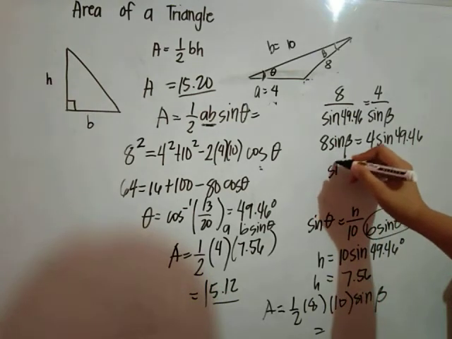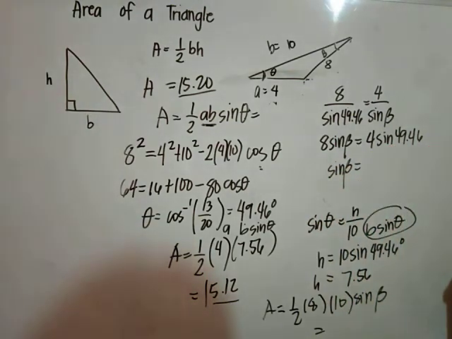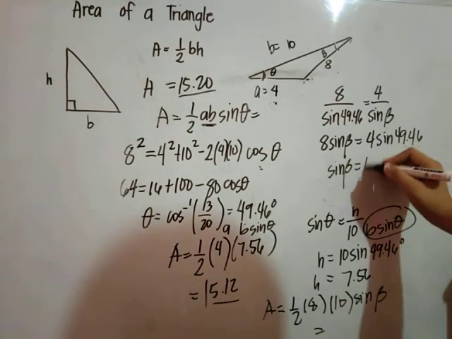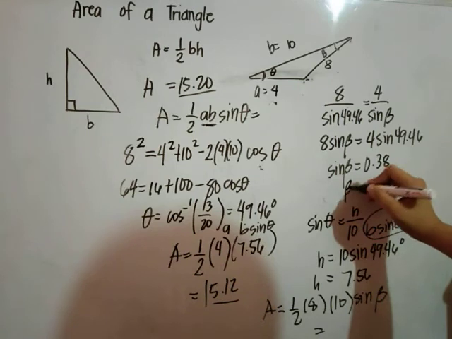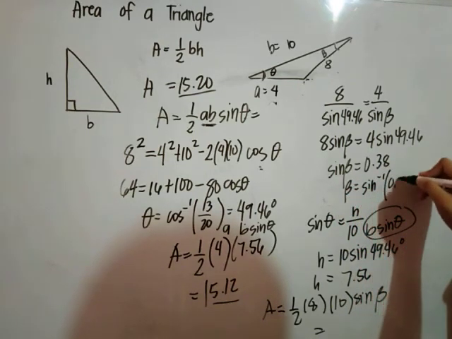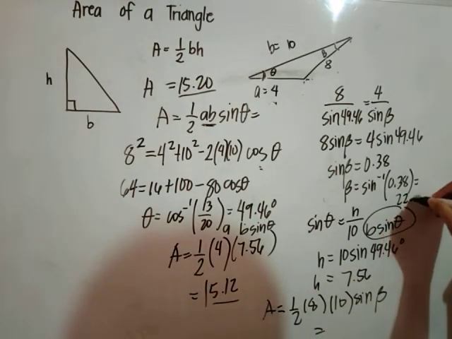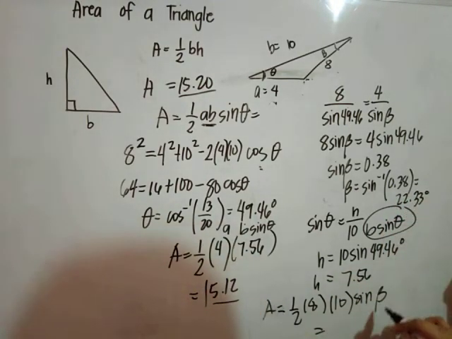Therefore, sine beta is equal to, simplify natin, 4 sine 49.46 divided by 8 is equal to 0.38. Therefore, beta is equal to arc sine 0.38. The answer, we have 22.33 degrees.